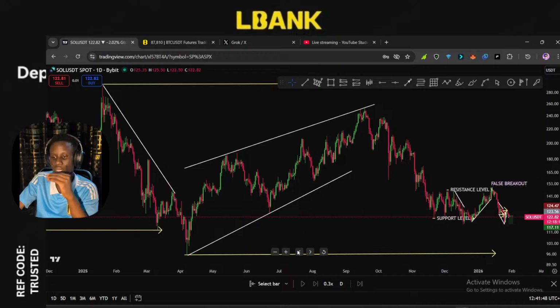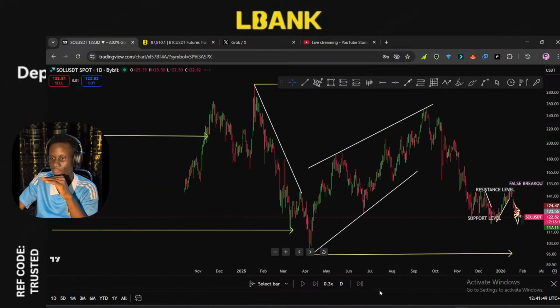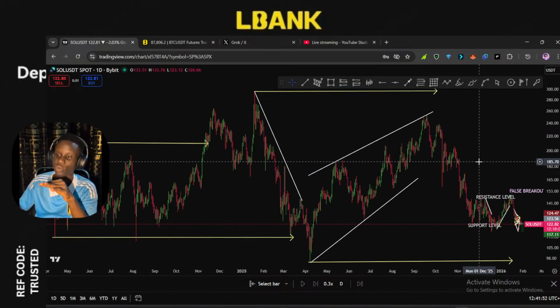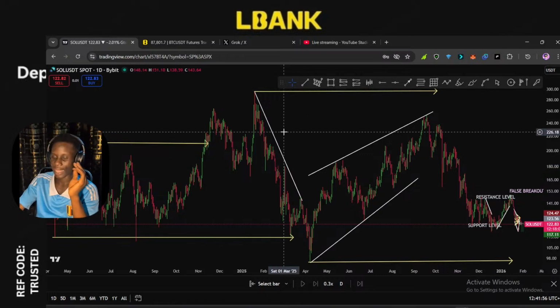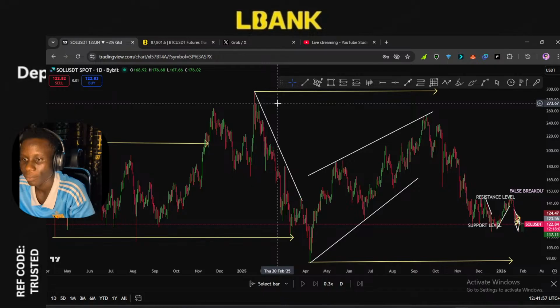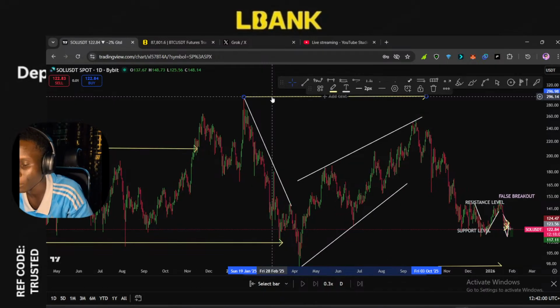So taking Solana USDT for a case study, which is what I have on my chart right now, you are going to see that I did have my resistance level here. Let me label it for you.